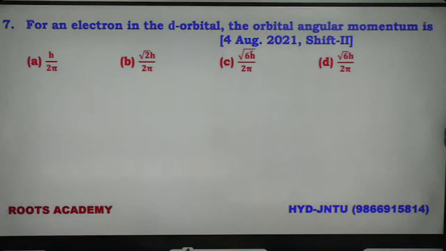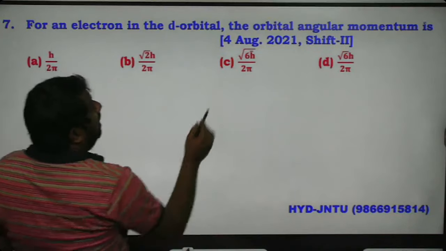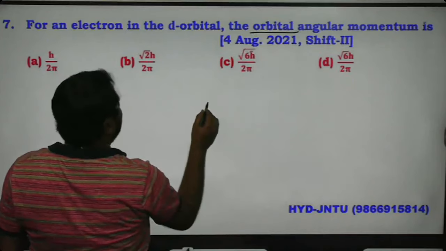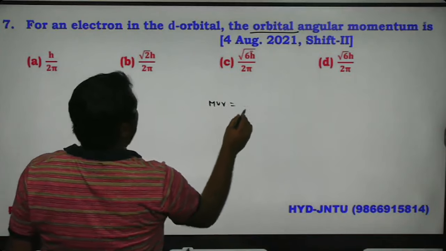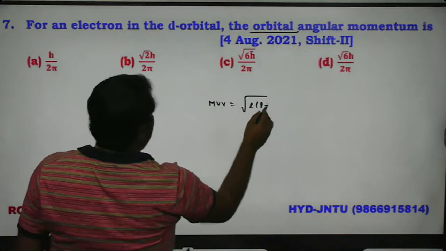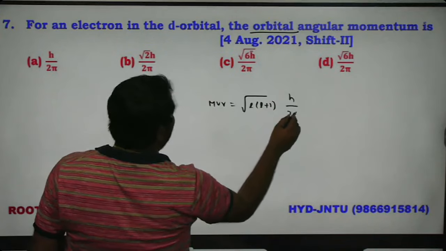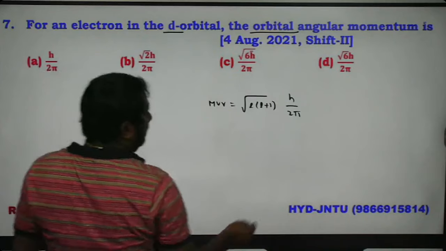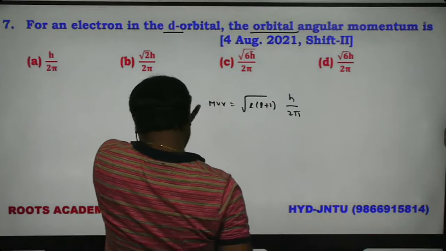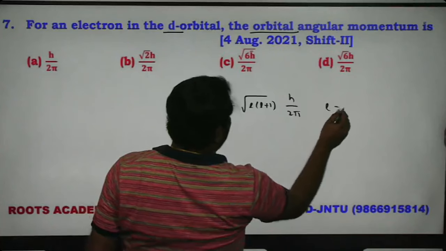For an electron in the d orbital, the orbital angular momentum. I gave the formula. Orbital angular momentum, that is mvr = √(l(l+1)) · h by 2π. For which orbital he gave? d orbital. For d orbital, l value 2.